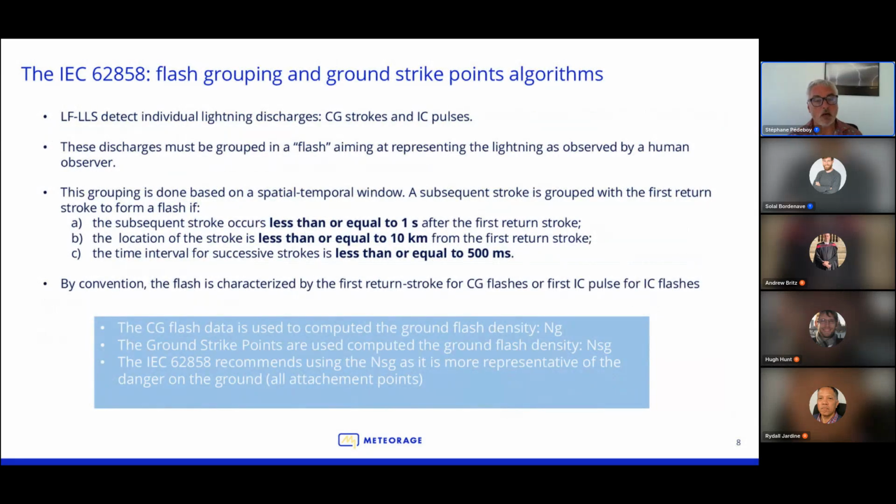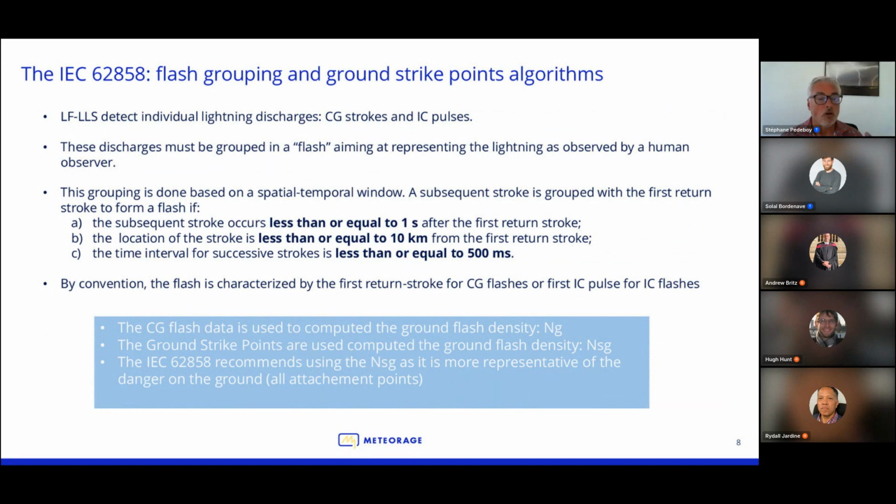So the second point is the flash grouping and ground strike point algorithm. So again, LLS can detect CG and IC pulses. These discharges are grouped in flashes, aiming at representing the lightning as observed by a human observer. And this algorithm is based on three different parameters.